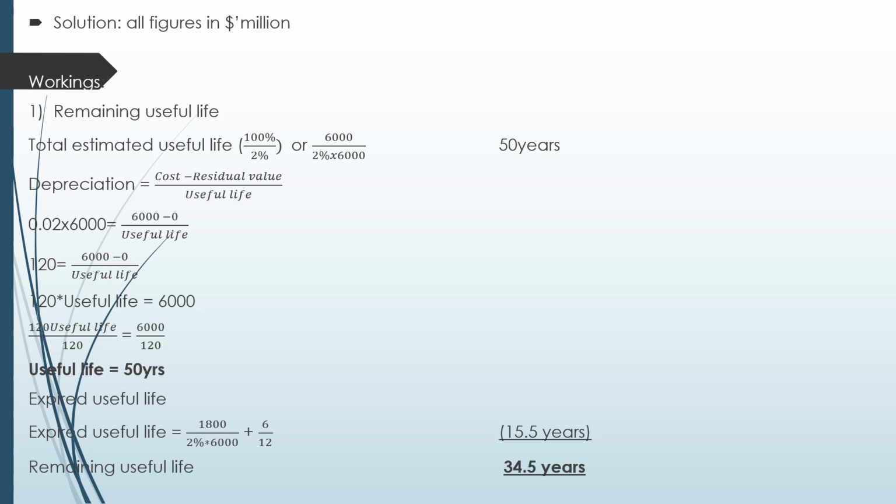Now that we have our total estimated useful life, to get our remaining useful life, we have to know how many of the years have been consumed so far. To ascertain that, we divide our accumulated depreciation at the beginning of the year, which was given to us as 1,800, by the annual depreciation, the 2% by the 6,000, which is 120.